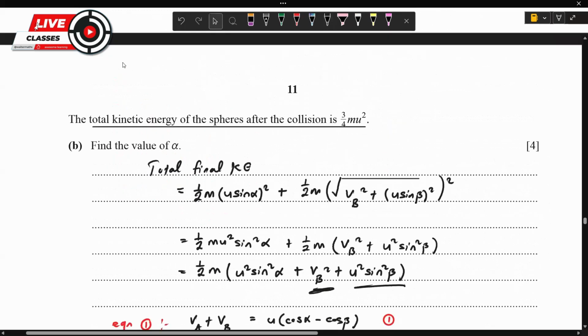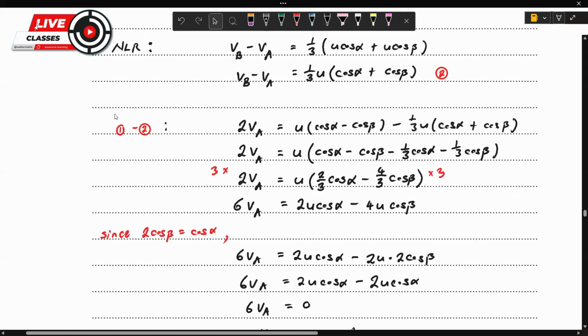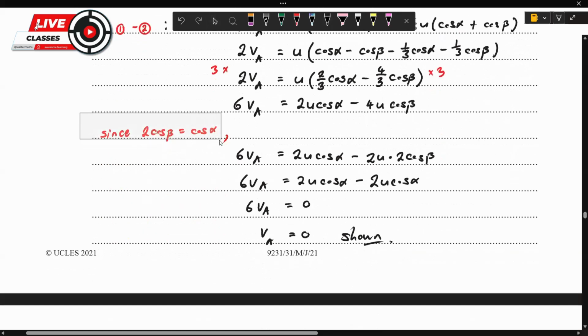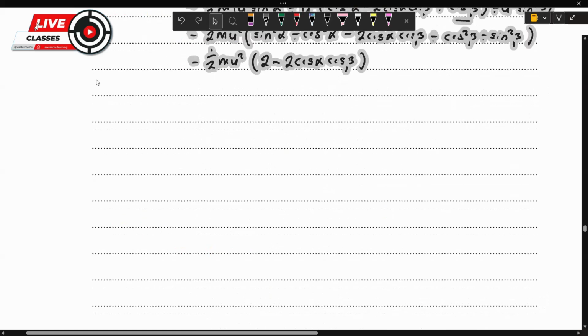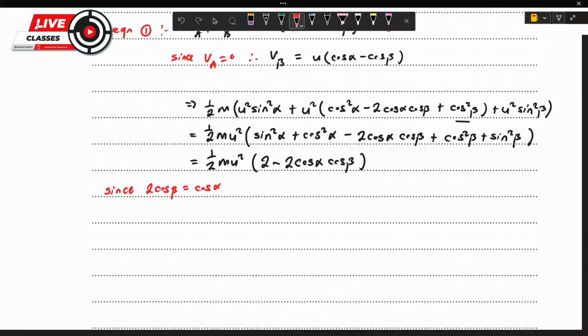But remember, we have been told that 2 cos beta is cos alpha. Okay, so we're going to make use of that. So I'll put it here. So 2 cos beta is equal to cos alpha, which therefore means that we'll be having half mu squared of 2 minus, and for 2 cos beta, we'll put cos alpha, so it becomes cos squared alpha.